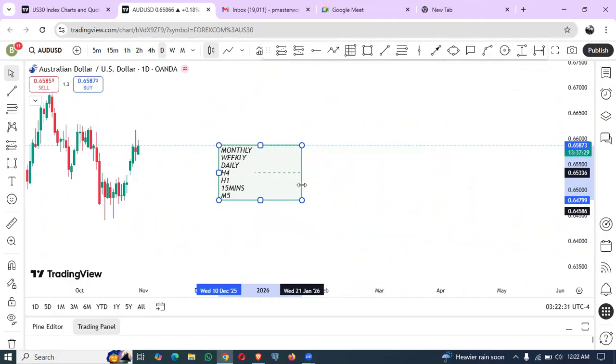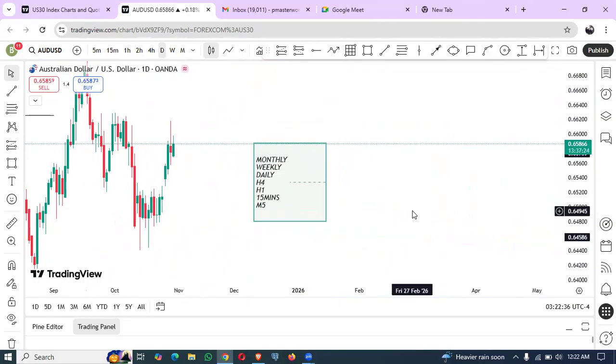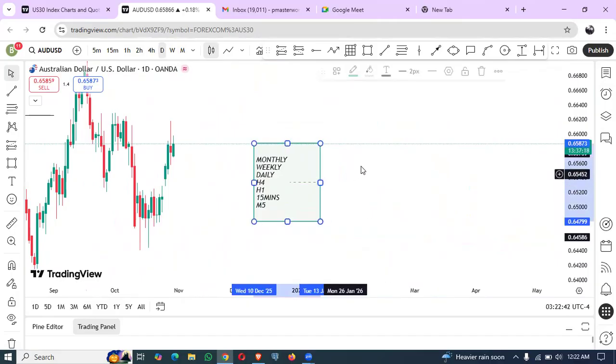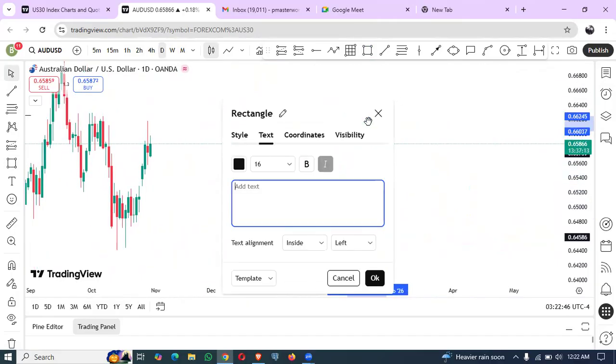Once you are done getting a higher time frame bias, checking what happened in the previous months, you mark your structure on the H4 and H1 time frames. To be on the safer side, mark your structure on the H4, the H2 time frame, and the H1 time frame.